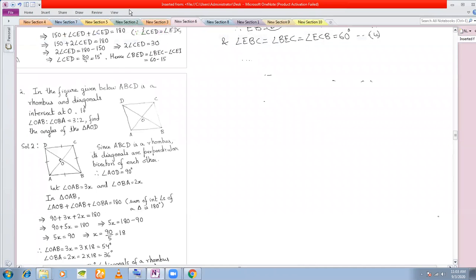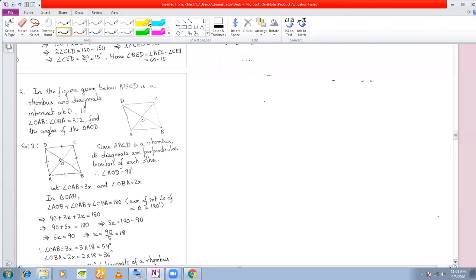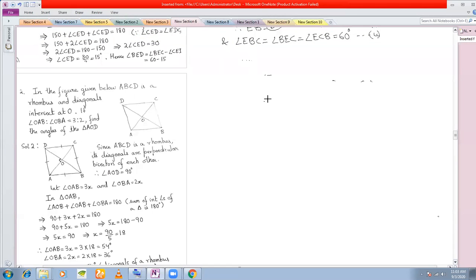Now here in number 2, it is given in the figure given below, ABCD is a rhombus and diagonals intersect at O. If angle OAB is to angle OBA is equal to 3:2, find the angles of triangle AOD. Let us try and draw a rhombus here. Rhombus, all four sides equal, a special parallelogram in which all four sides are equal.